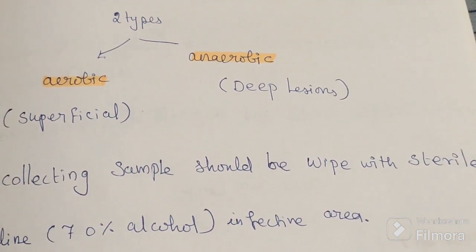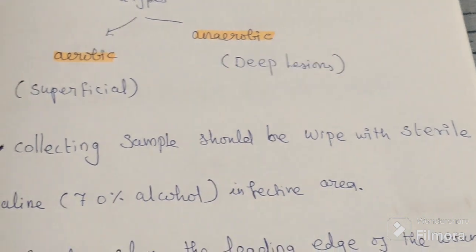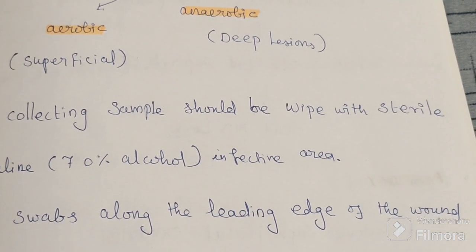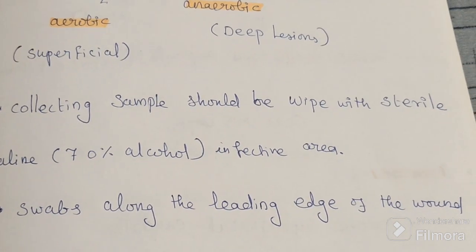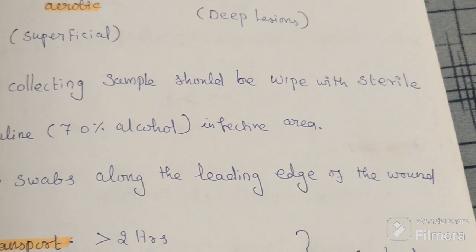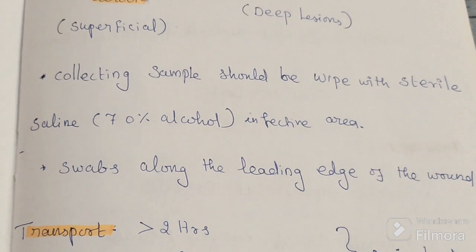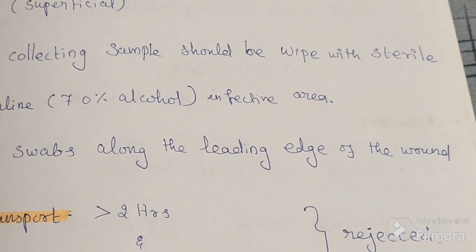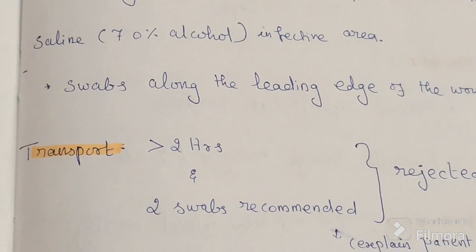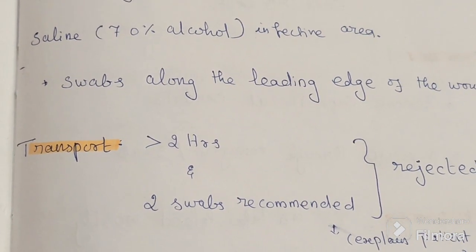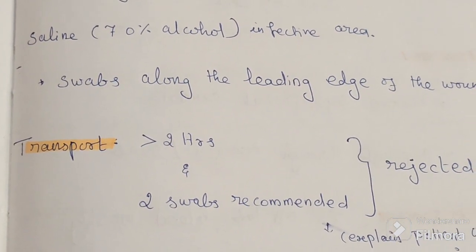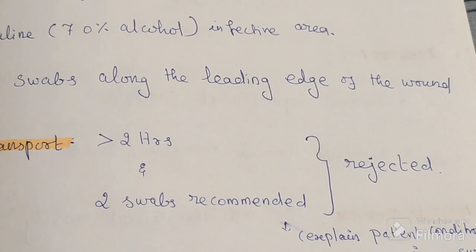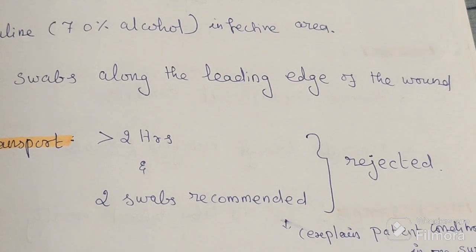Before collecting samples, the infected area should be wiped with sterile saline or 70% alcohol, then swab along the leading edge of the wound. Then transport after collecting within 2 hours, and 2 swabs are recommended.